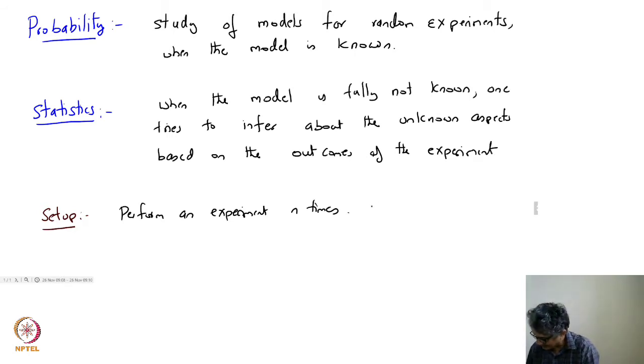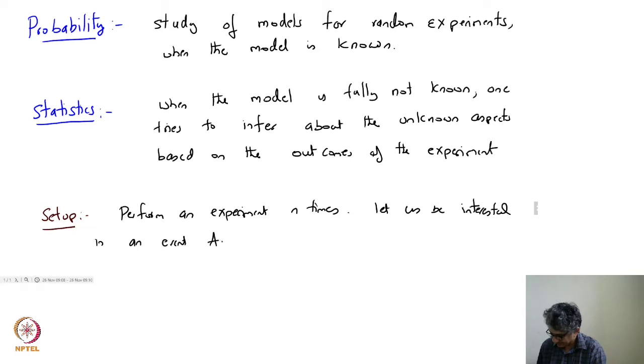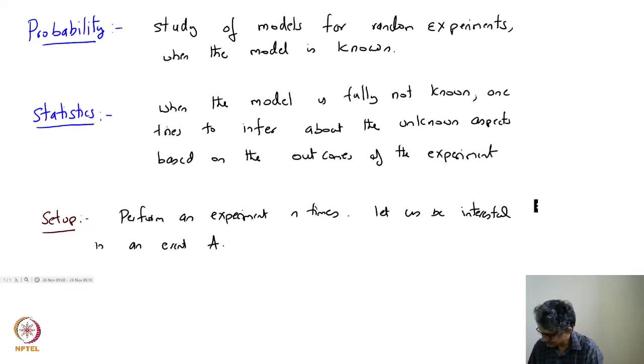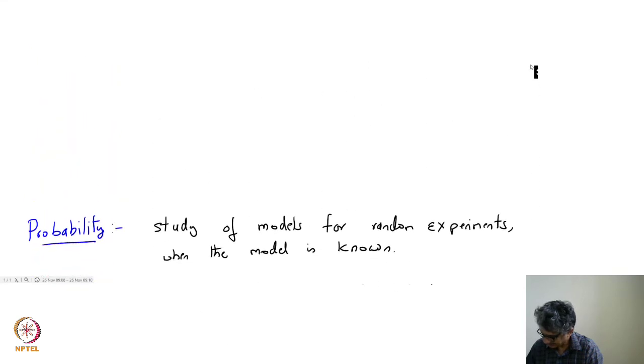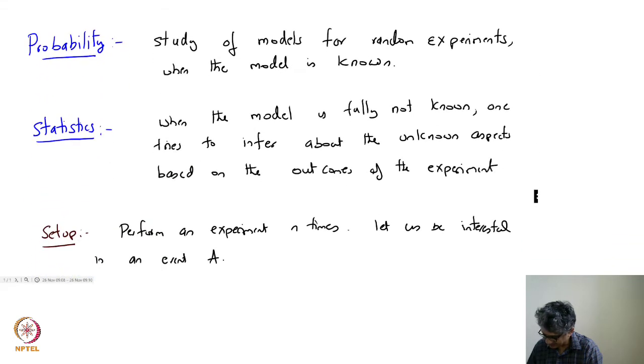And let's say we are interested in an event A. So A is an event of our interest.